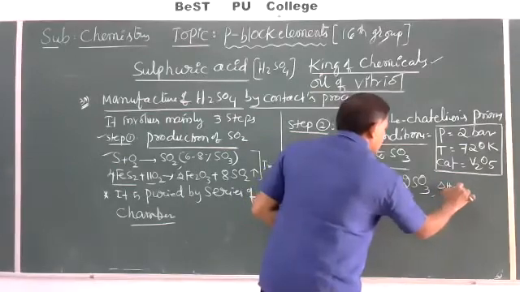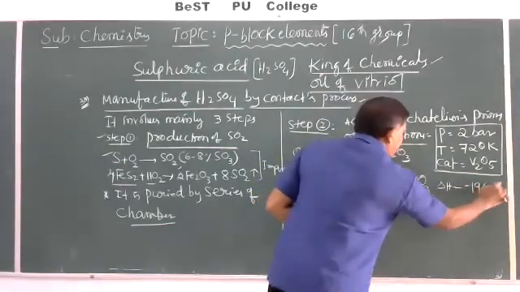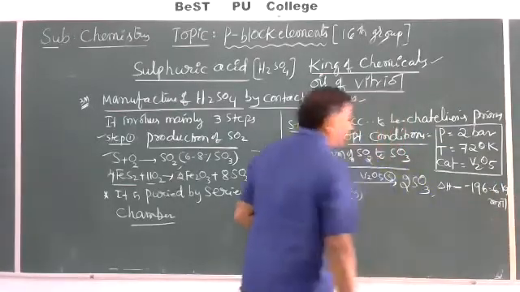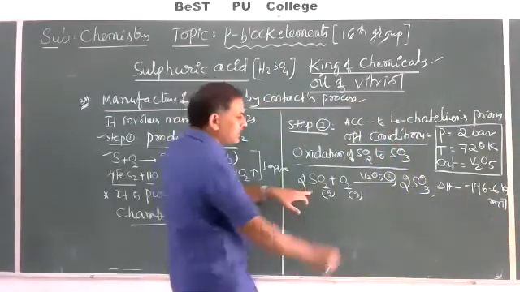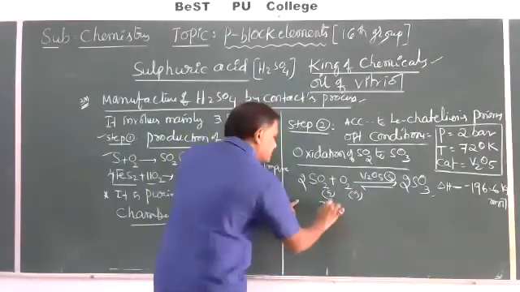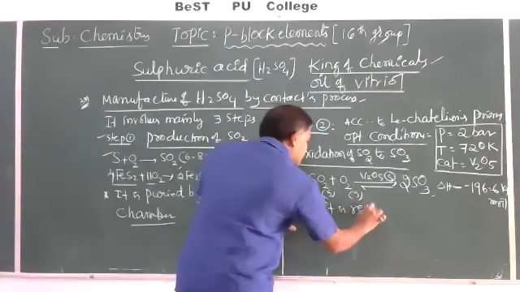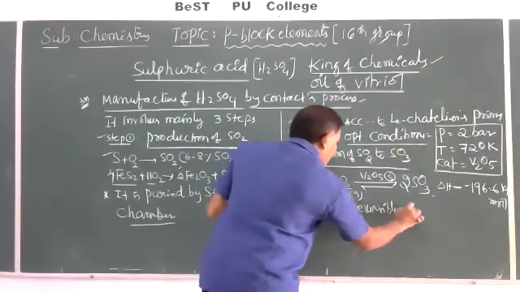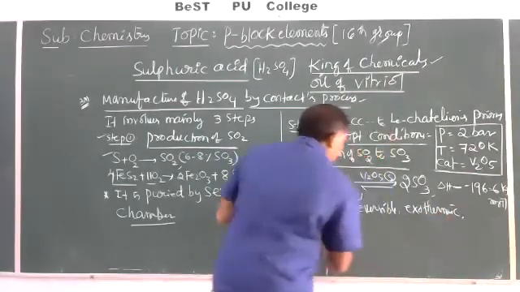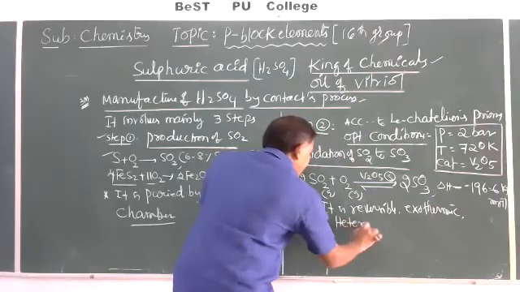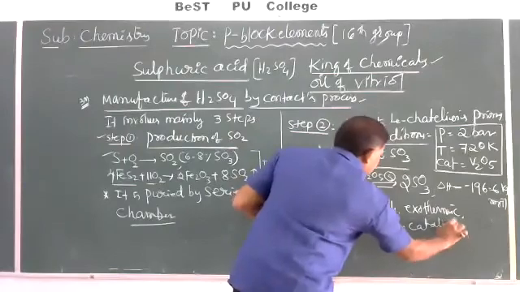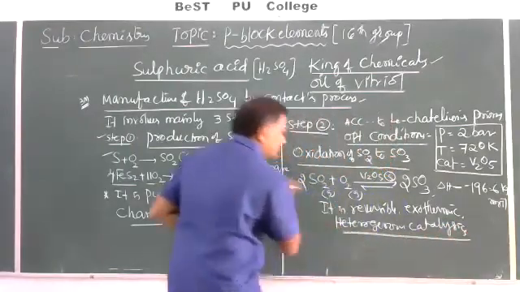Now delta H is equal to minus 196.6 kilojoules per mole. This amount of heat is liberated. So it is an exothermic and reversible reaction. It is a reversible, exothermic and heterogeneous catalyzed reaction. It is heterogeneous catalysis.